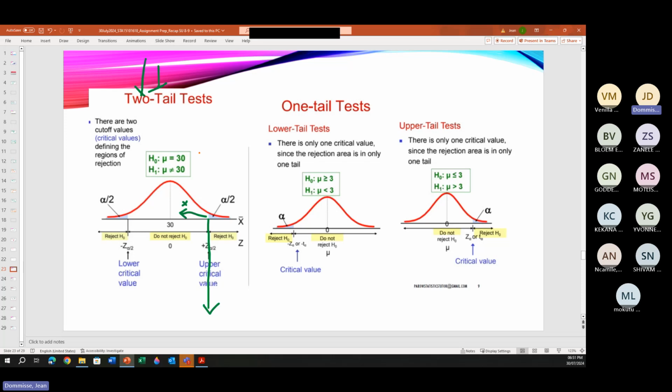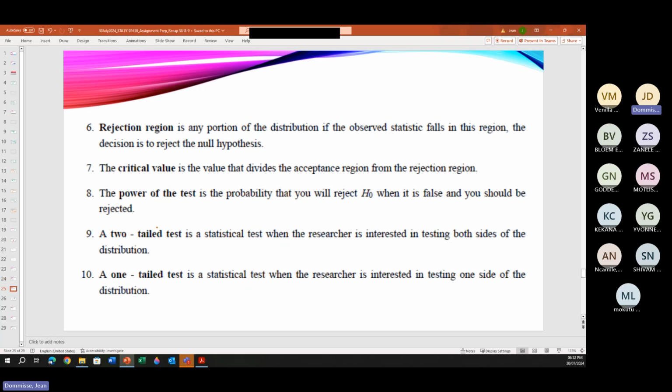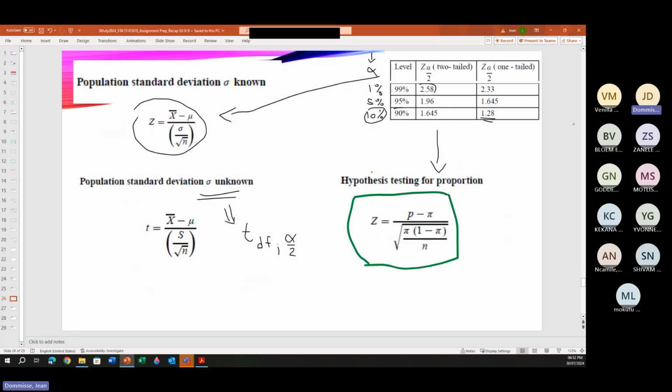And hypothesis testing is a bit different. When you look at it, that's why we've worked out the Z. If you work out the Z and you work out the T, it's exactly the same method.